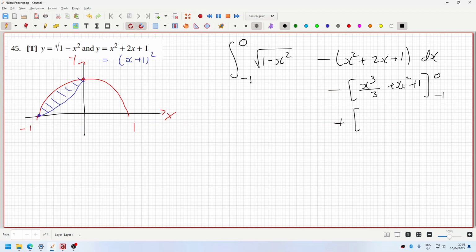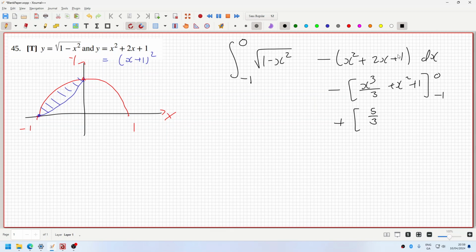And that's a 2. So that's 5 over 3, isn't it? -1 over 3 plus 1 plus 1. That's 2 minus 1 over 3. So it's 5 over 3. Yeah. That seem right?